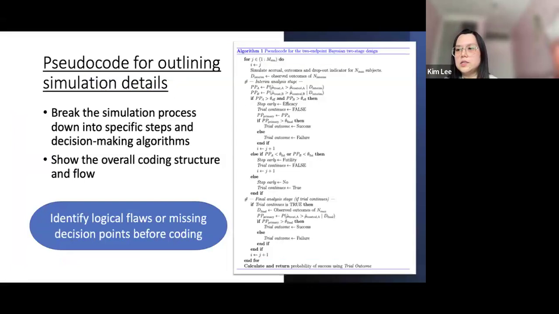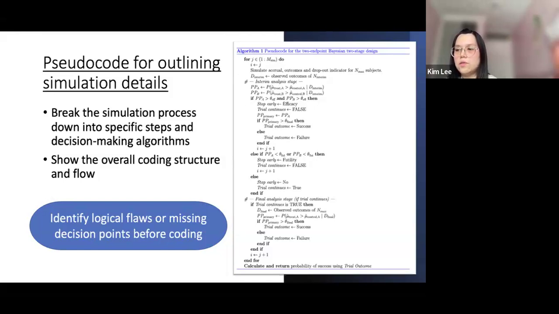When drafting the simulation study plan, and before we start writing the computing code, it might be useful to use pseudocode in the process. Pseudocode is a simple, informal, and language-independent way to describe the steps of an algorithm. It breaks the simulation process down into specific steps and decision-making algorithms.